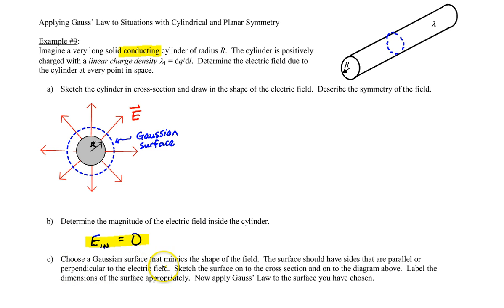Now let's move on to part C, which is to find the electric field at a point P away from this long conducting cylinder. So what we're going to do is draw now just a picture like this from the side view of this Gaussian surface in the cylinder, that it was a long conducting cylinder here.